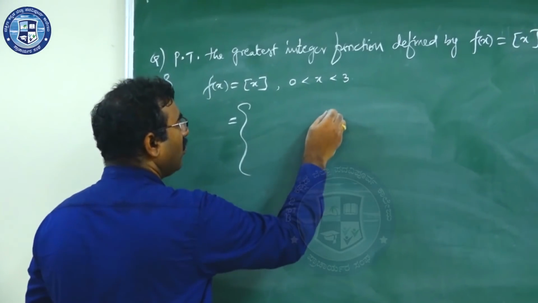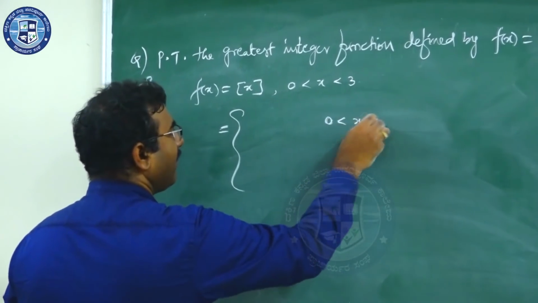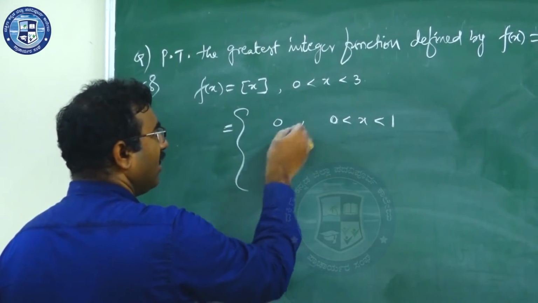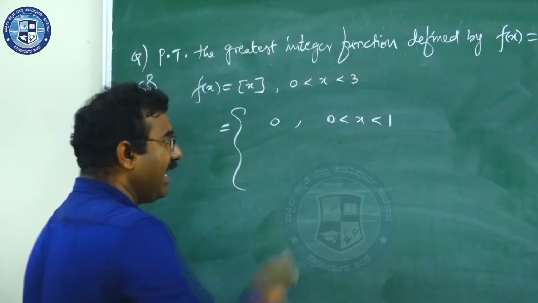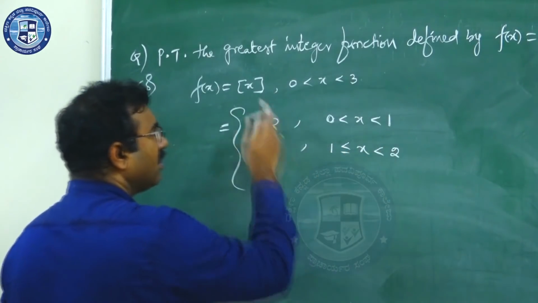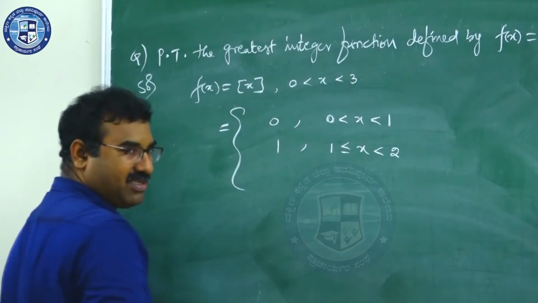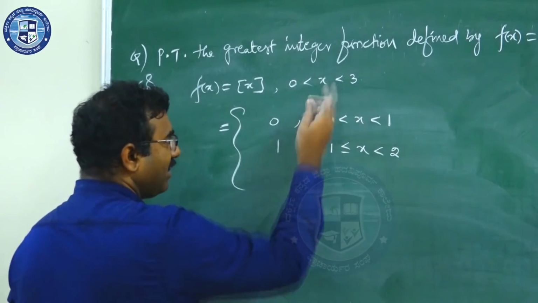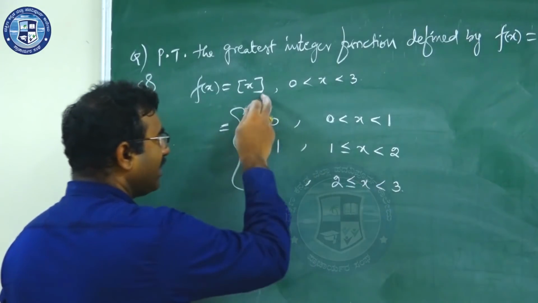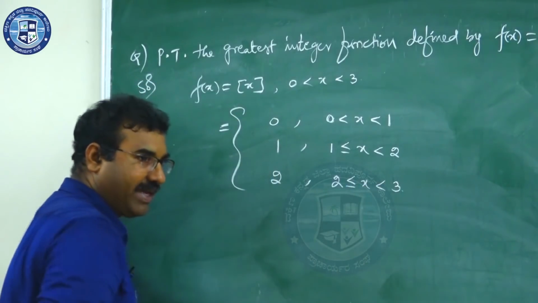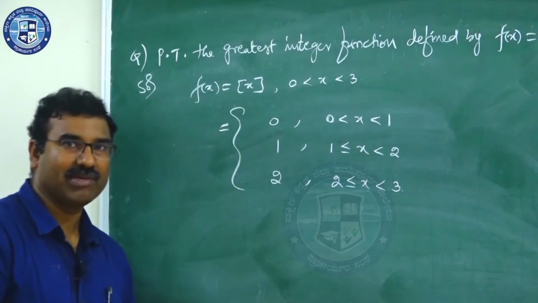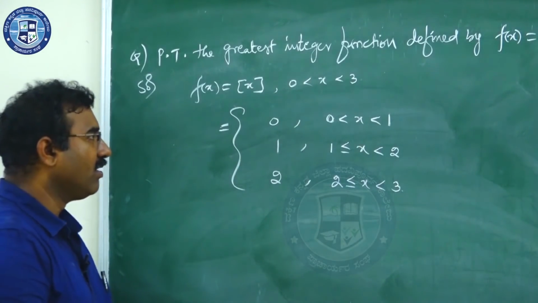When x lies from 0 to 1, box x value you all know, it's 0. When x lies between 1 to 2, the box x value is 1. And when x lies between 2 and 3, the box x value is 2. Once you split this function like this, then you can solve the problem very easily, right?